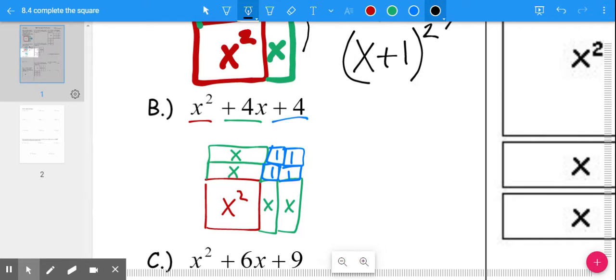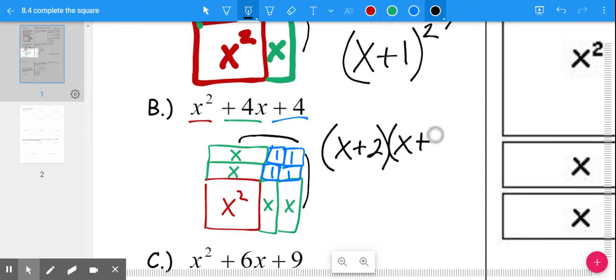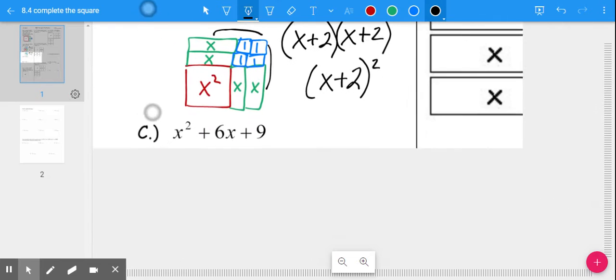And it still represents a square because we added to the top and to the right. So now at this point, we have x plus 2 at the top and x plus 2 at the bottom on the right. So our length times our width is x plus 2 times x plus 2, and you can shorten that into x plus 2 squared because it represents a perfect square. So same thing with the next one.